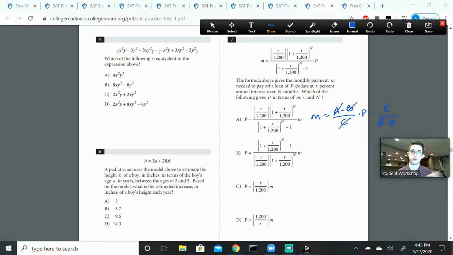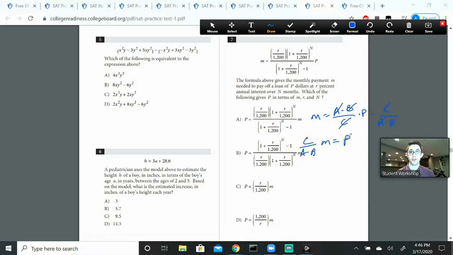It's all multiplication, so it's all simple. A over A equals 1, B over B equals 1, so it doesn't actually affect P anymore. But we have to do that same thing on M's side, and we just get P equals CM over AB.